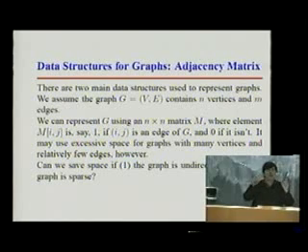Is the web page graph a simple graph or not? Let's think about it. Are there self-loops in the web graph? Do pages point to themselves? Yes, I've seen pages point to themselves, right? Are there multiple edges? Does the same page point to another page twice? Yes, it seems to me it does.